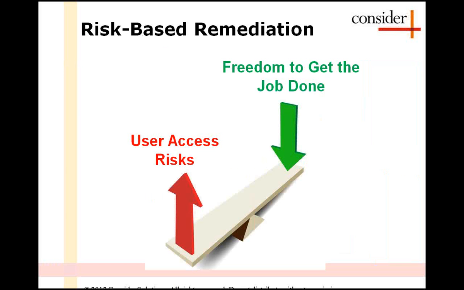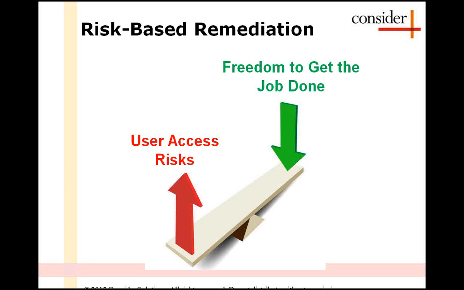But as I mentioned earlier, it's a trade-off. In most organizations and in some process setups, the user has to have the ability to get his job done, even though it means that there is some risk present.